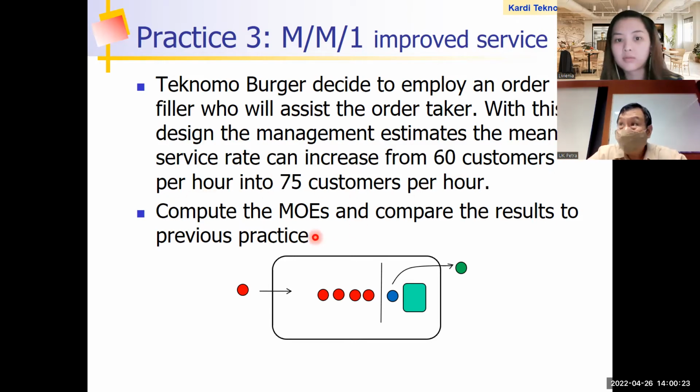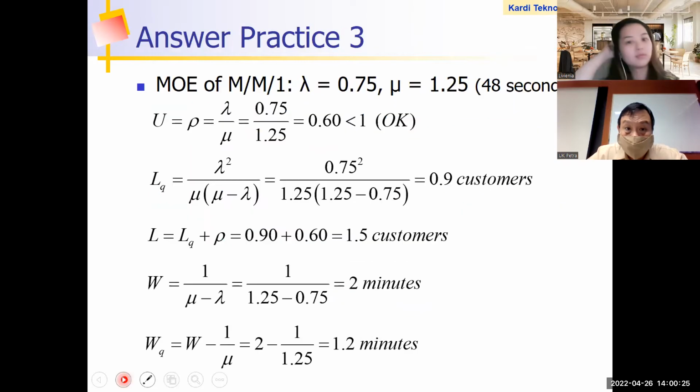Then you can compare, and this is the proposed scenario. The lambda is still the same, mu is improved, from 1 to now 1.25.